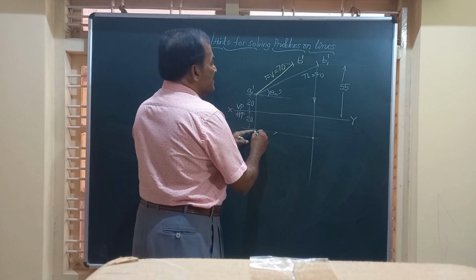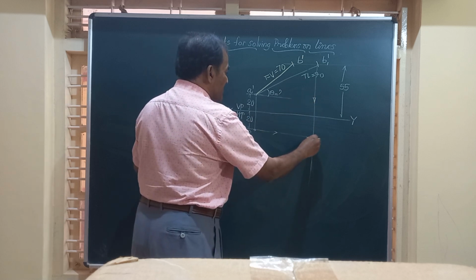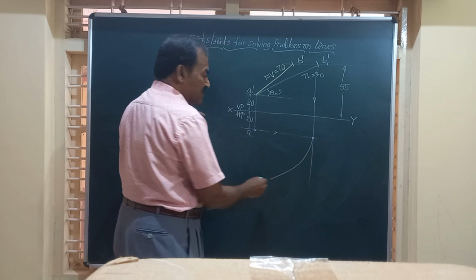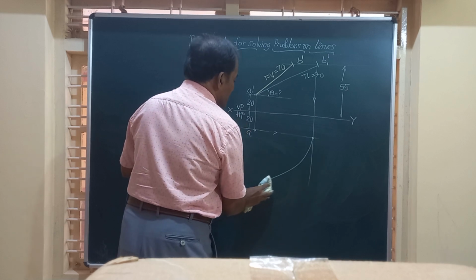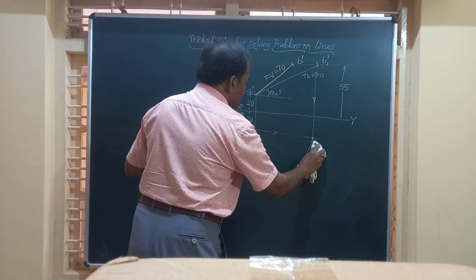Now, taking this as center and this as radius, I am going to strike an arc. So I have taken A as center and this distance as radius, and I have drawn an arc.